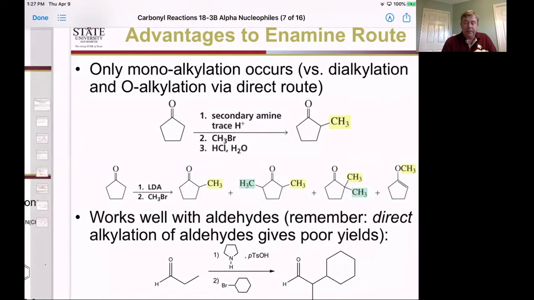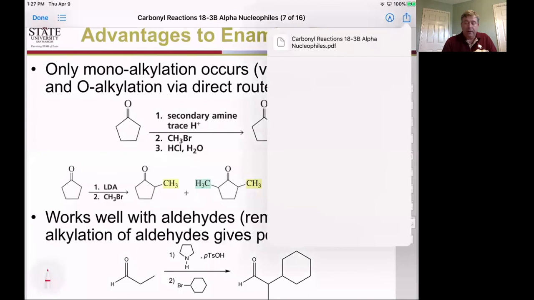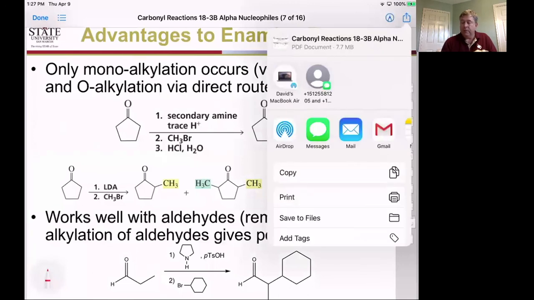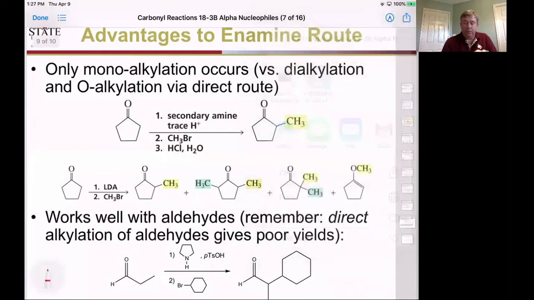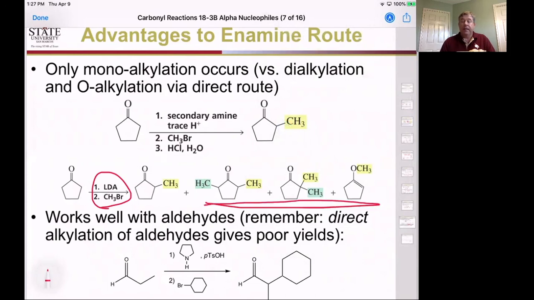So in the case of LDA, unless you make sure that your stoichiometry is exactly perfect, you're going to end up with all of these side products. In the case of forming the enamine, because it generates that perfect enol form where it only has that double bond, it'll only form that once, and we'll only get a mono substitution on the system, okay?